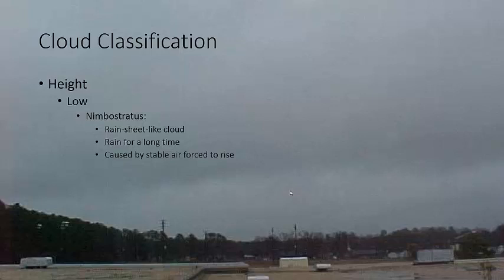It's miserable. And this cloud lets the rain come for a long time, and I'm not talking hours here, people. I am talking days will go by and it will still be raining from this nimbostratus cloud.